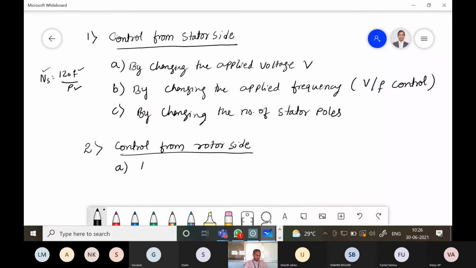That is, first, rotor rheostatic control. Second, cascade control.